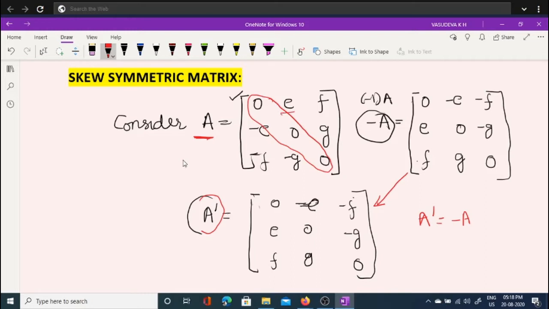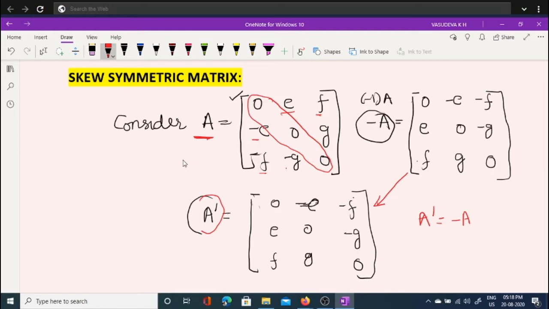See, E is here, minus E there, and F is here, minus F or minus G. They are changing in their sign. So we can conclude from this example that all the principal diagonal elements are 0 for a skew-symmetric matrix.